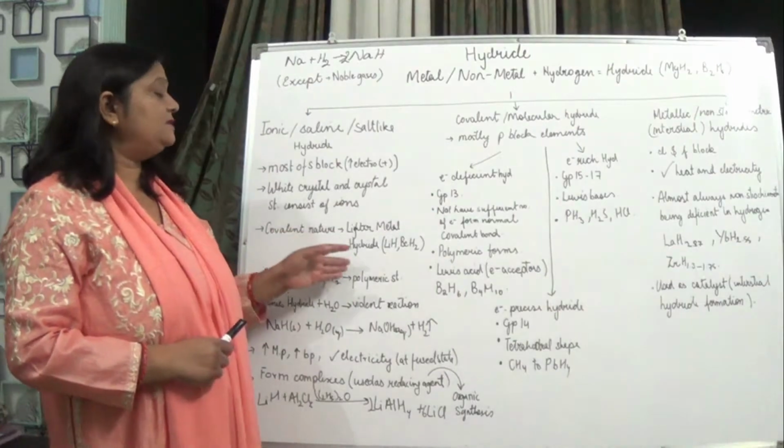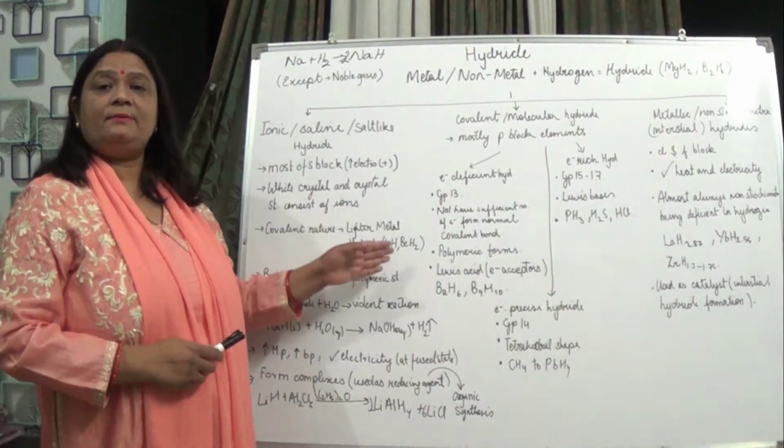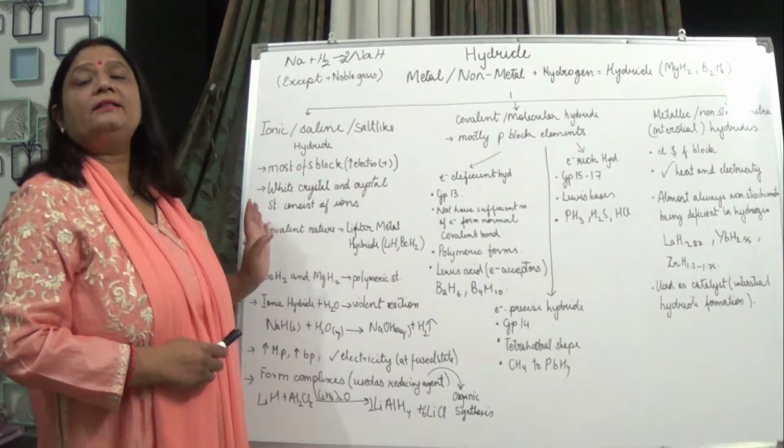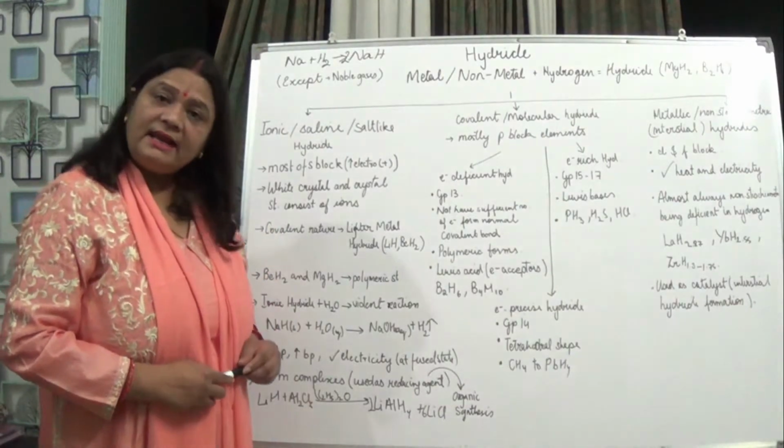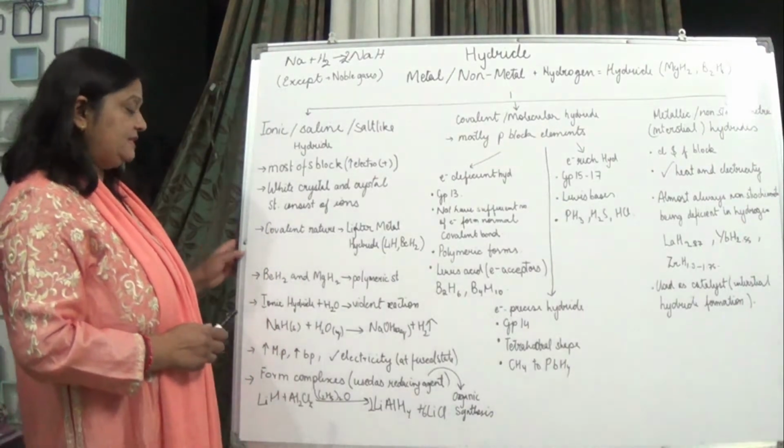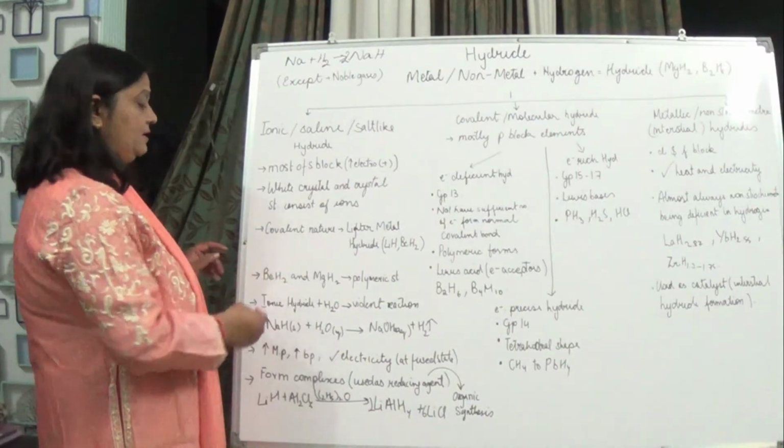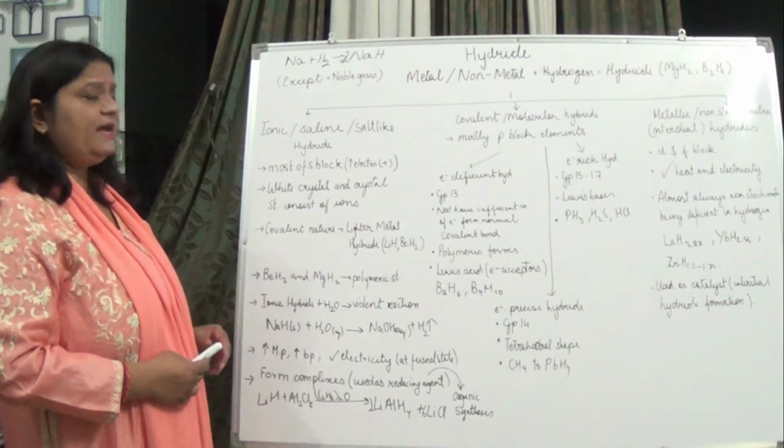So the lighter metal hydrides, lithium hydride and beryllium hydride, are covalent in nature.